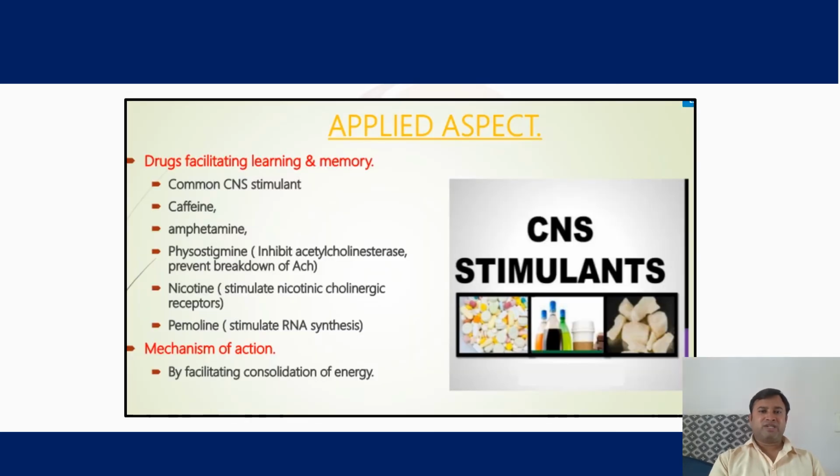Now the applied aspect of memory: some drugs that activate the brain and act as stimulants, like caffeine, amphetamine, physostigmine, nicotine, and pemoline. These drugs act on the central nervous system and stimulate the nervous system or brain.